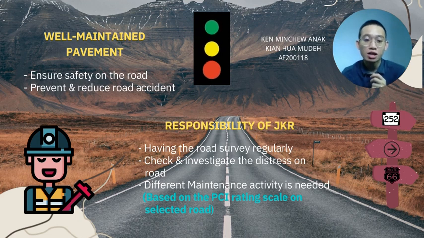Last but not least, JKR should take responsibility for conducting road surveys regularly in order to check and investigate if there is any distress on the selected road which might need further maintenance activities based on the pavement condition index value found and calculated for the selected roads.